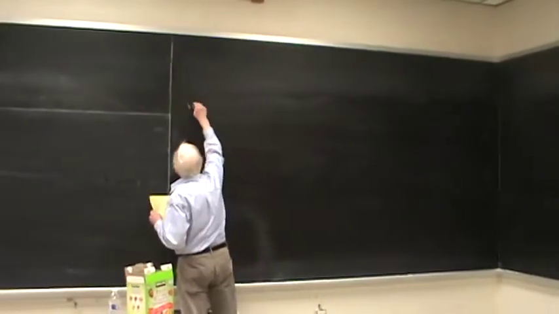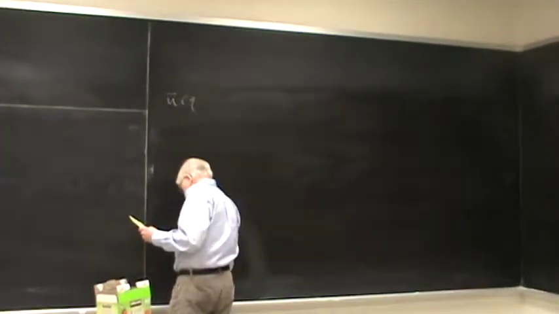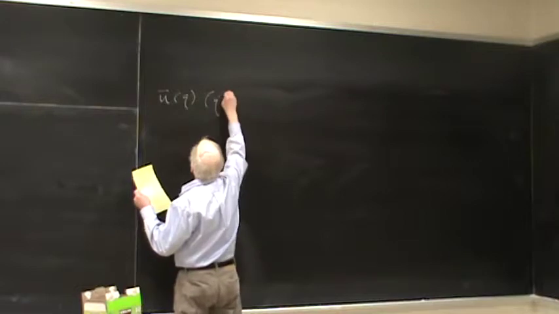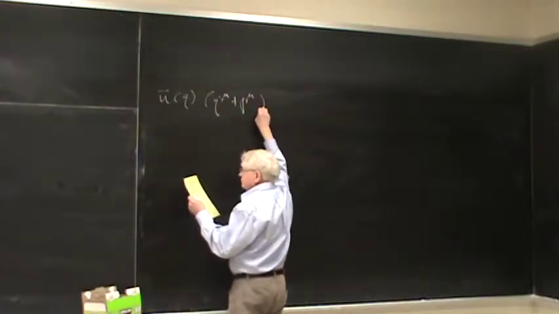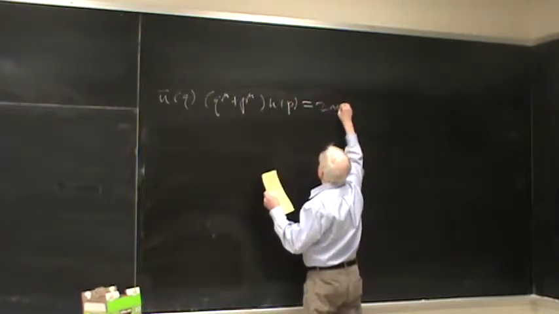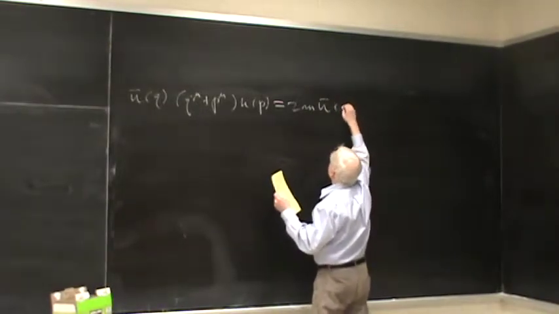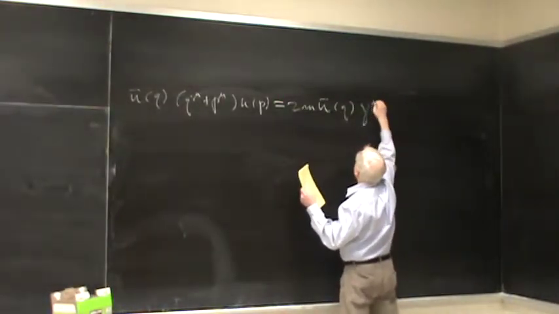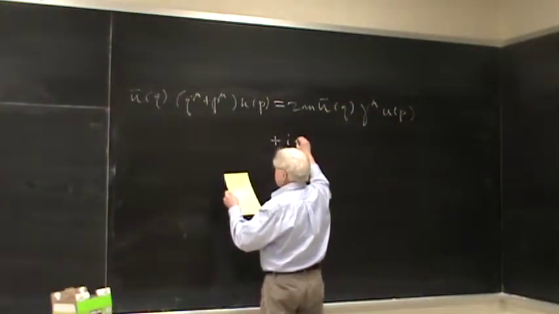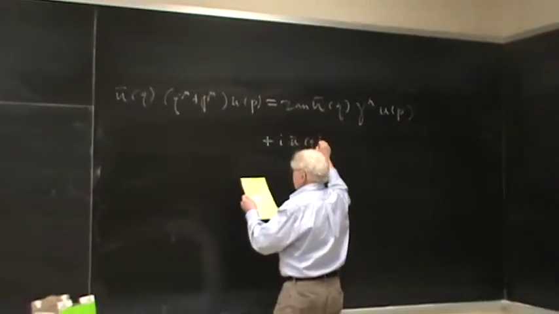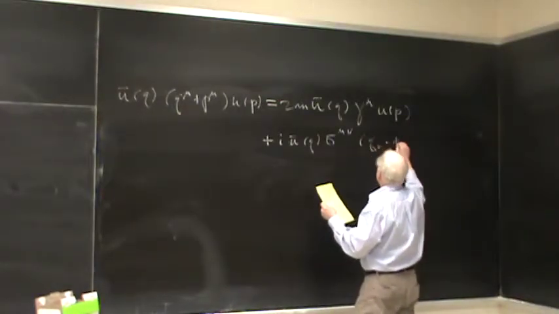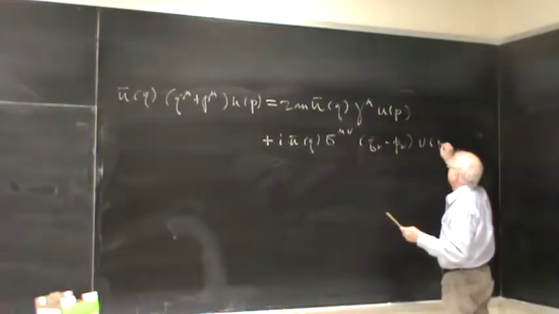The Gordon identity is ū(q)(q^μ + p^μ)u(p) is 2m ū(q)γ^μ u(p), so it's two terms, plus i ū(q)σ^μν(q_ν − p_ν)u(p).